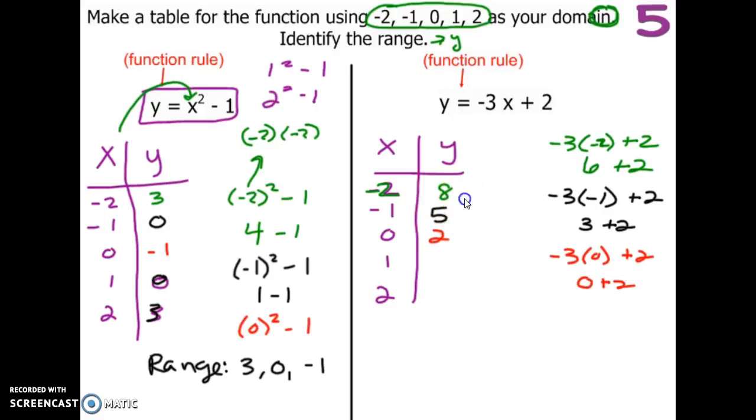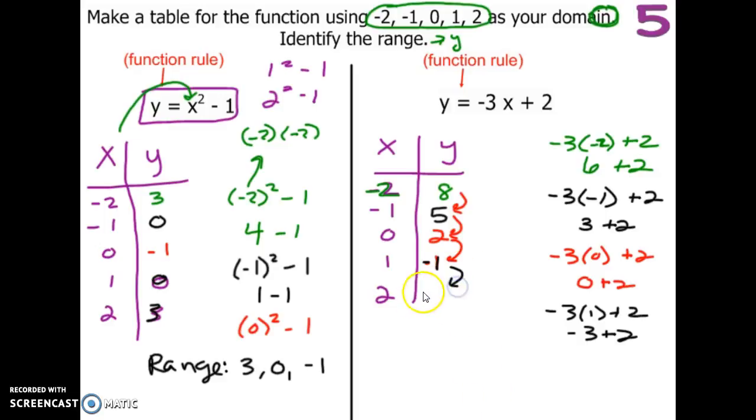And some of you might be seeing a pattern here. 8, 5, 2, what's happening? We're really going down by 3, so if I go down by 3 again, I should get a negative 1. Let's check. Negative 3 times 1 is negative 3. Negative 3 plus 2 is, in fact, negative 1.